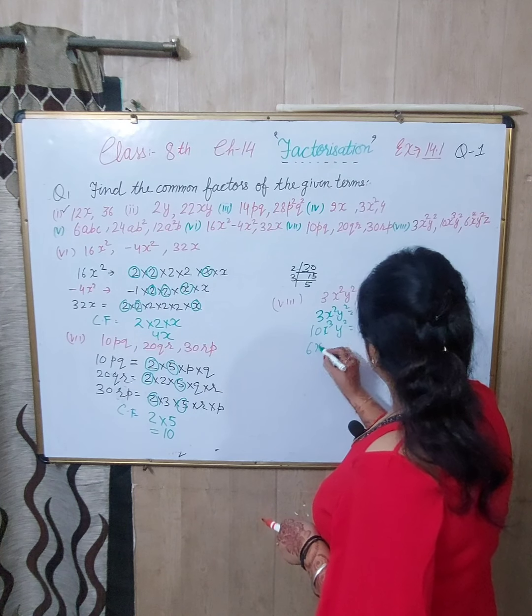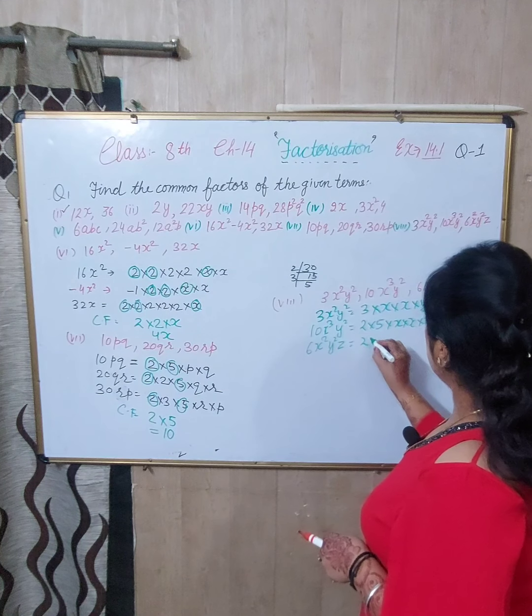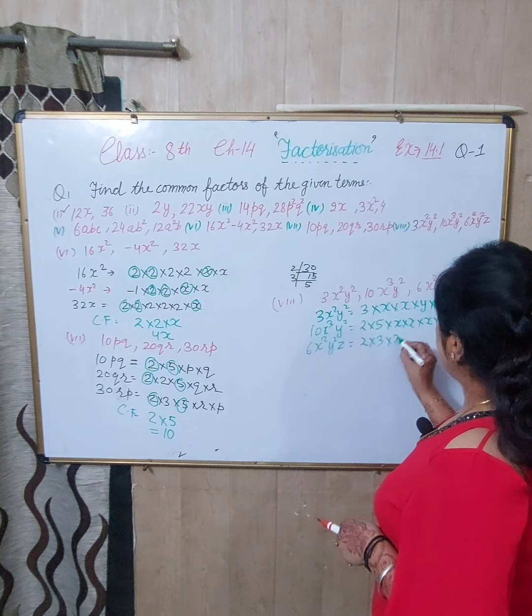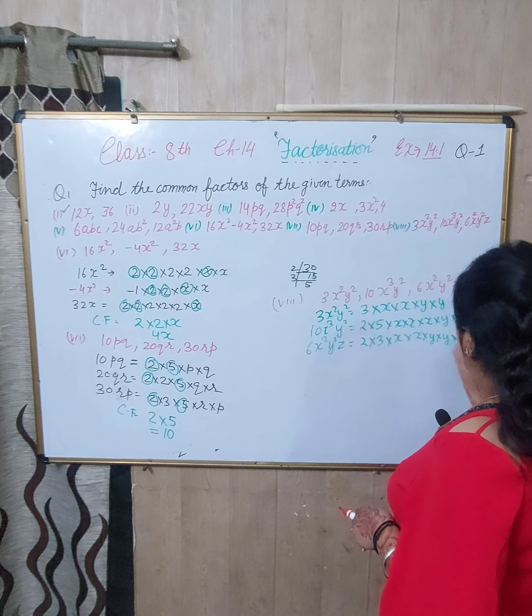Then 6x square y square z is 2 multiply 3, multiply x 2 times, y 2 times and 1 time z.